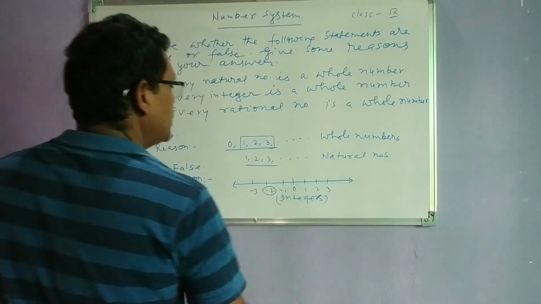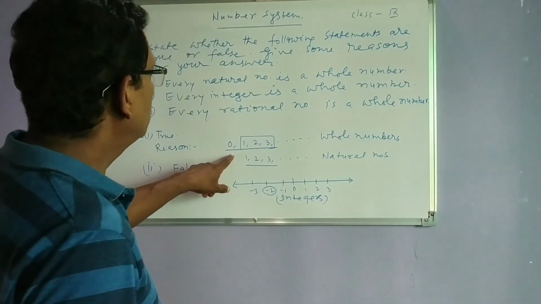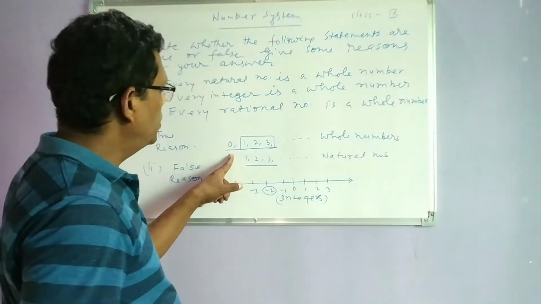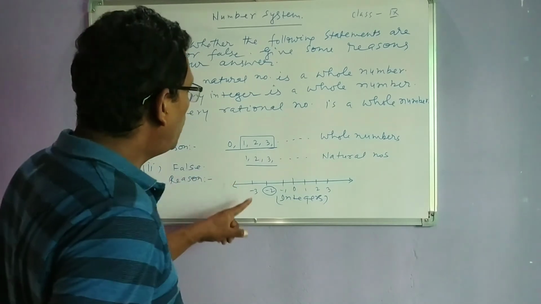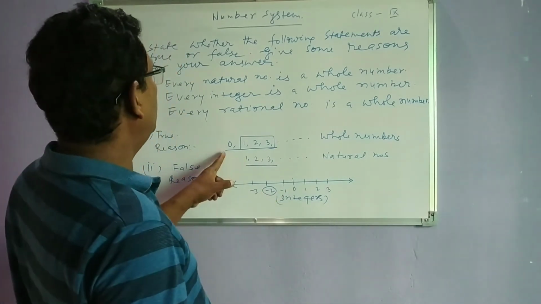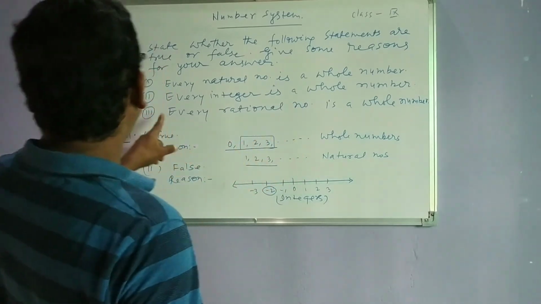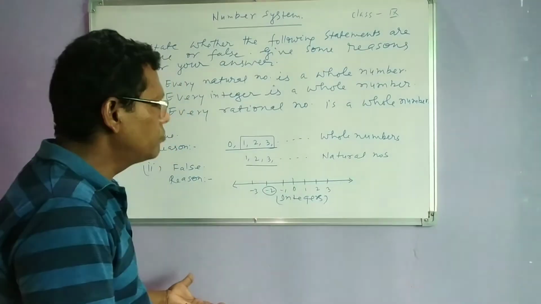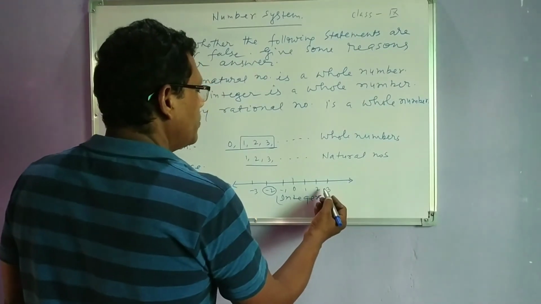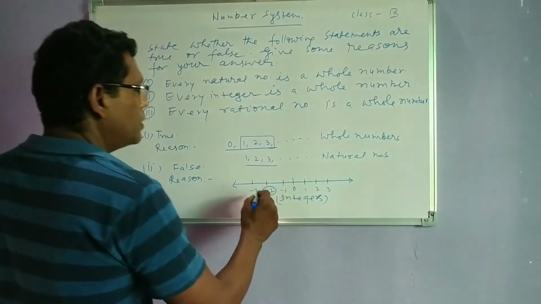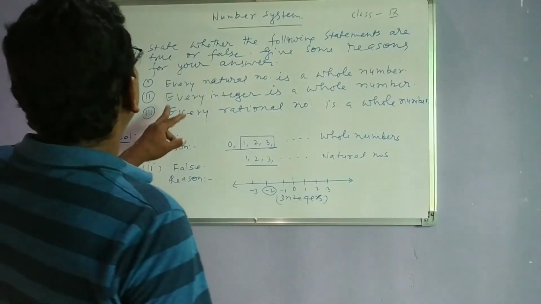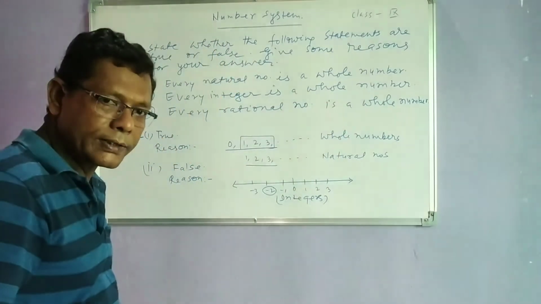Suppose this is integer and here is whole number. We cannot find -2 in the whole number. We cannot find this -2 or -3 or -1 in the set of whole number. So this is false. Every integer is not a whole number. 1, 2, 3 natural number may be whole number, but -1, -2, -3 cannot be a whole number. So every integer is a whole number is false.